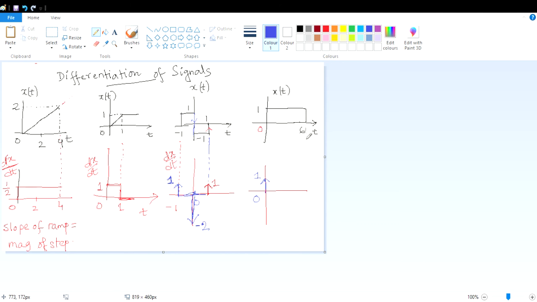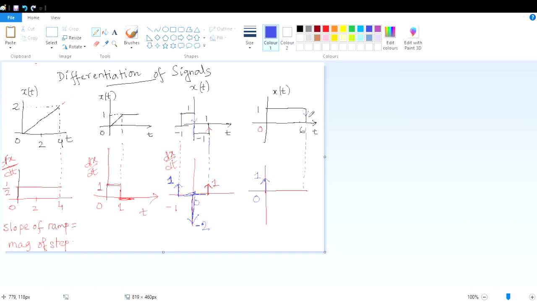Differentiation only exists when there is a change; when the value is constant, there is no differentiation, it becomes 0. So everything else will be 0. Here there is a change, from 1 to 0. So when there is a change, differentiation exists, and here we will get an impulse.